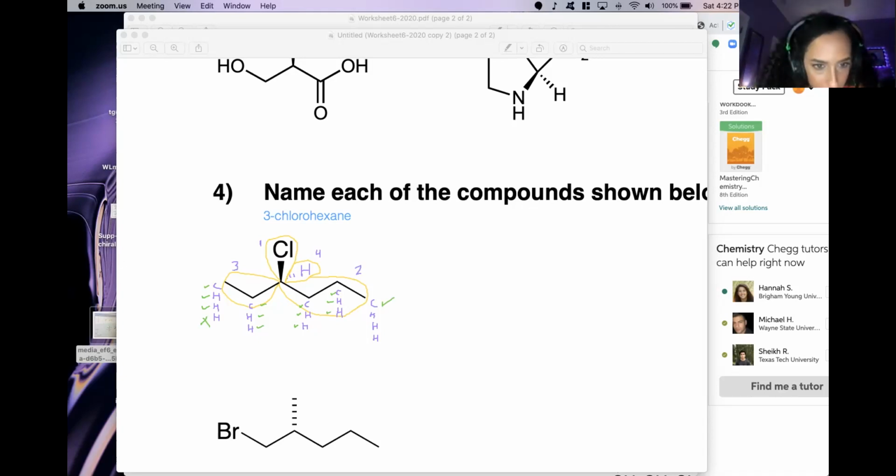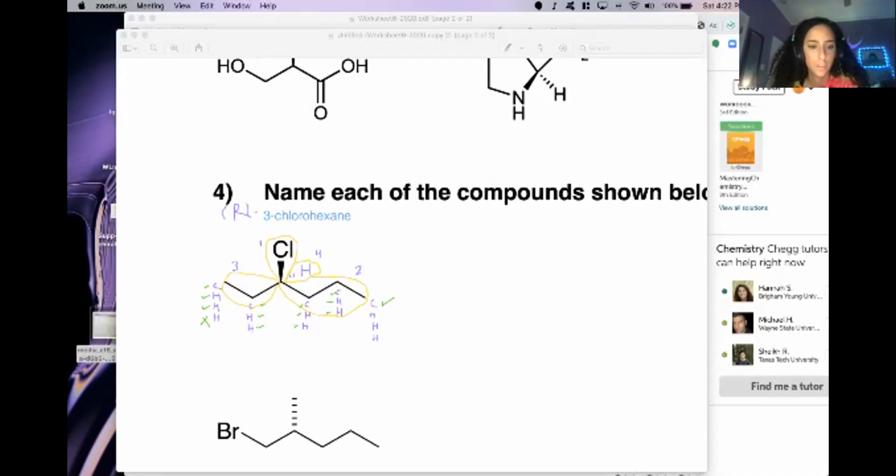And hydrogen is on the dash. So 1, 2, 3, 4. That's clockwise. So R. Look at this. Love to see it.